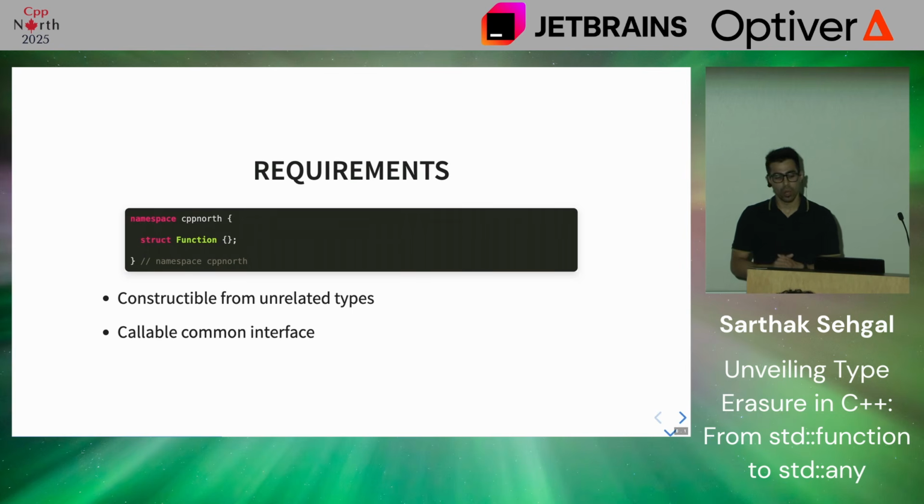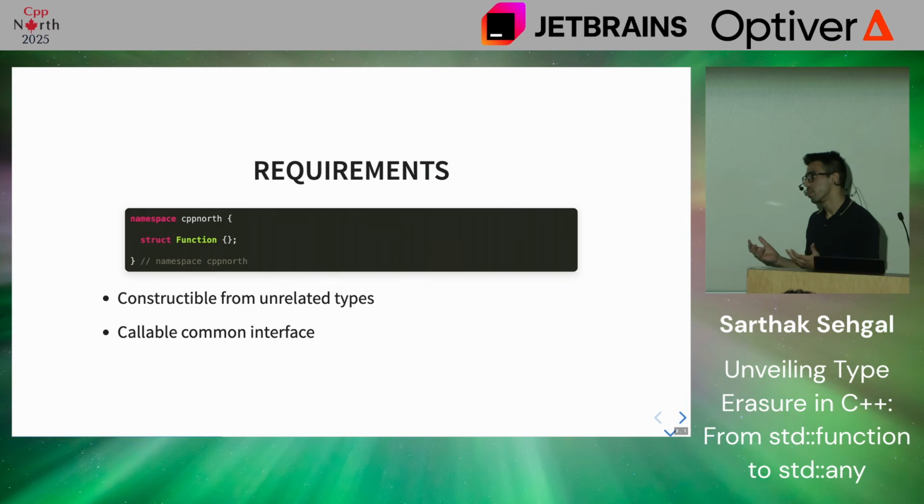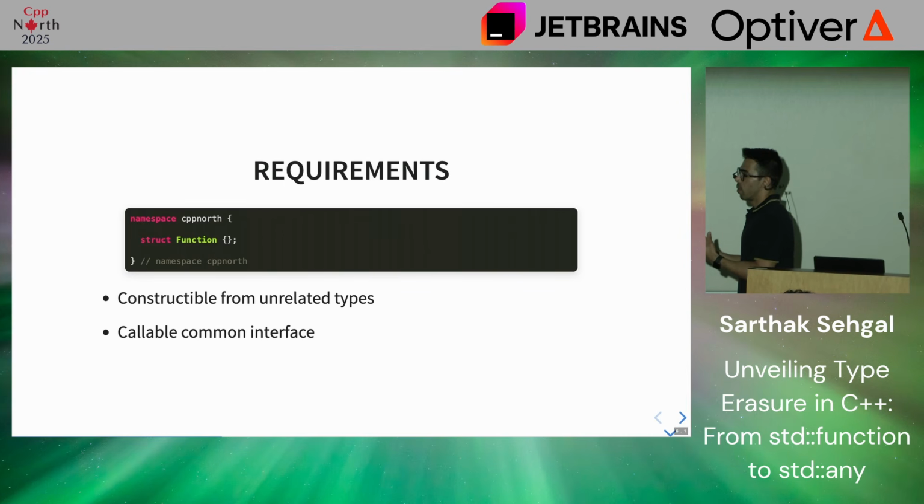Although it wasn't constructible from unrelated types, since all the types that we used in this interface solution had to be bound by an interface hierarchy, all these types had to have a common callable interface, and the I function interface ensured that this requirement is met.